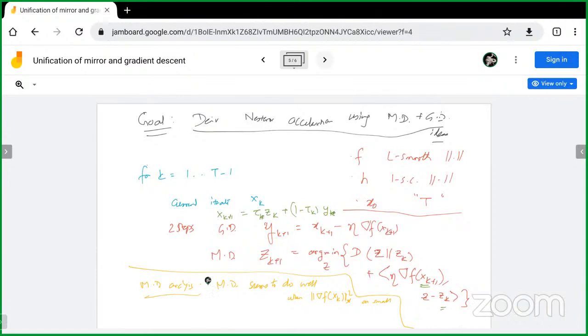Whereas gradient descent does well when the gradients are large, because when gradients are large, you can make large steps.